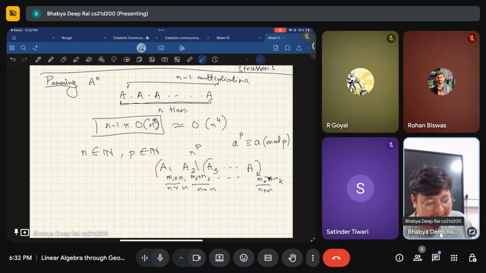Okay, but I'm saying that this idea will not work, because each of the matrices is the same here, and all of them are n cross n. It does not matter in which order you multiply according to this particular algorithm.